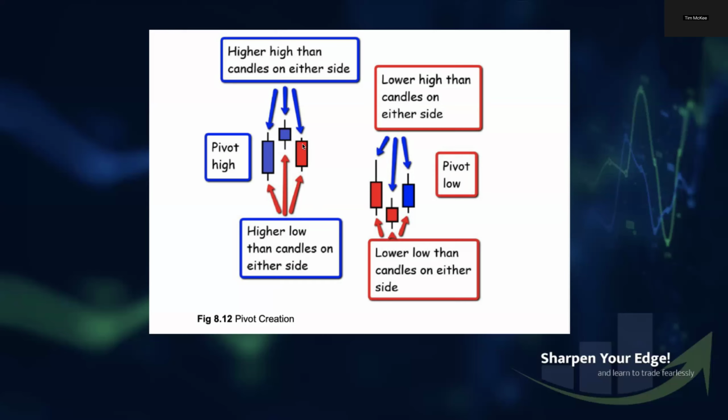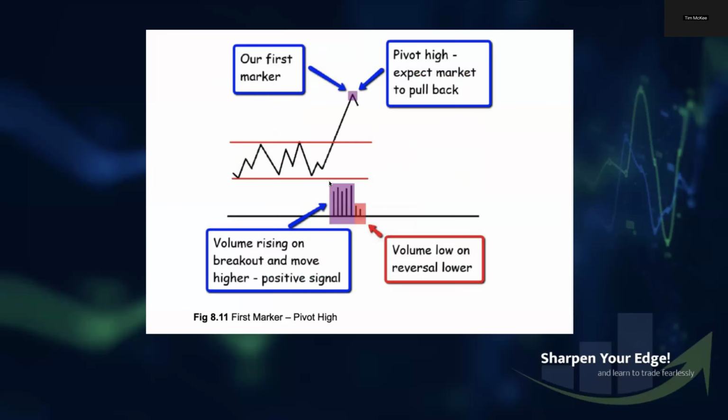We have a pivot high and we have a pivot low, but they're always made up of three candles in this configuration. As we know, markets never go up or down in straight lines, and this is the first sign of a reversal, which in turn will also define the upper region of our trend as we break away.